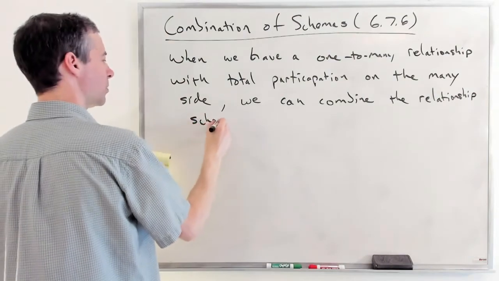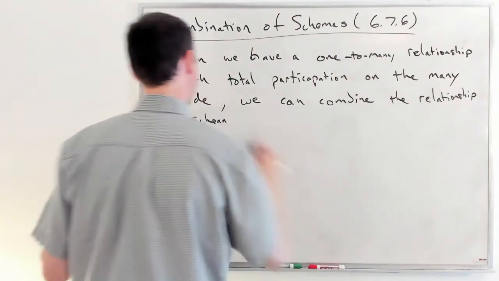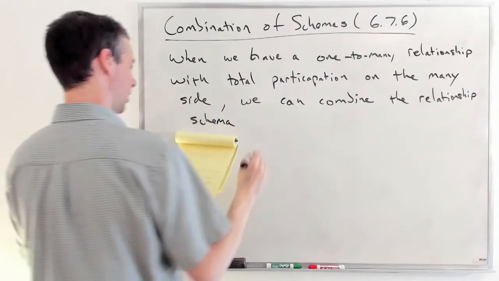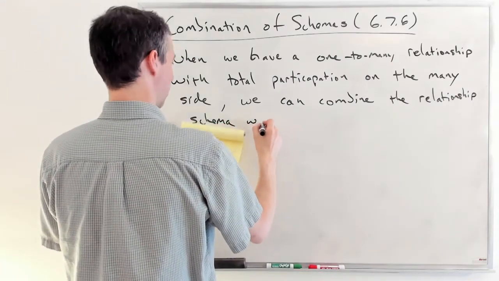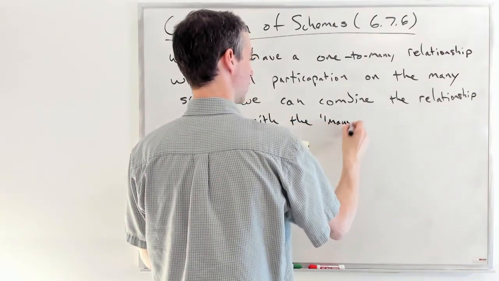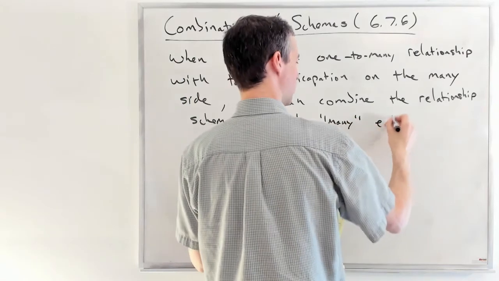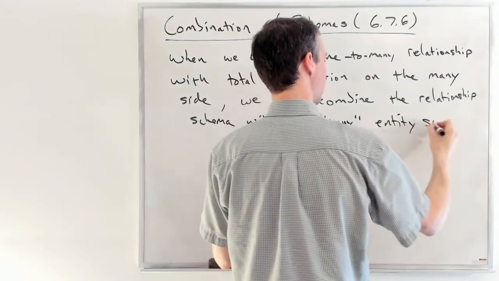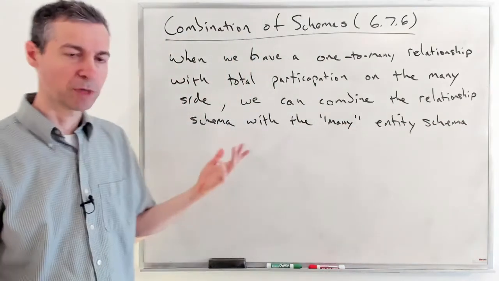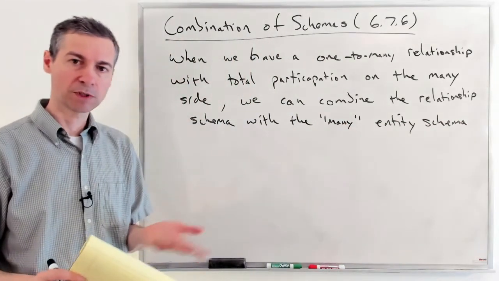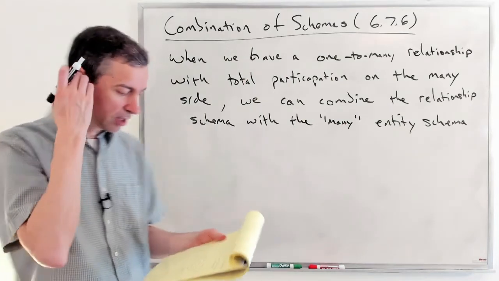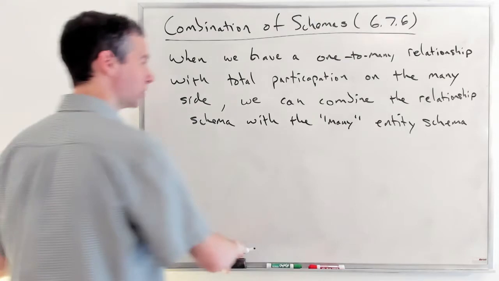When we say schema, we're basically saying the table. We can combine it with the many entity schema, the entity schema that came from the many side. So let's show this in an example.